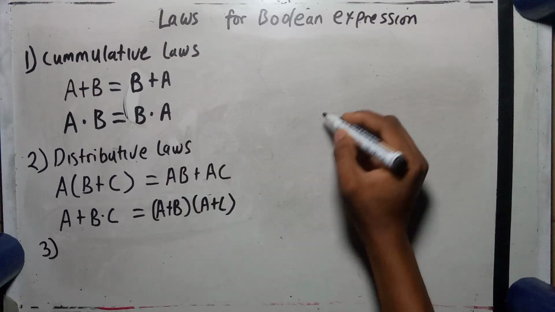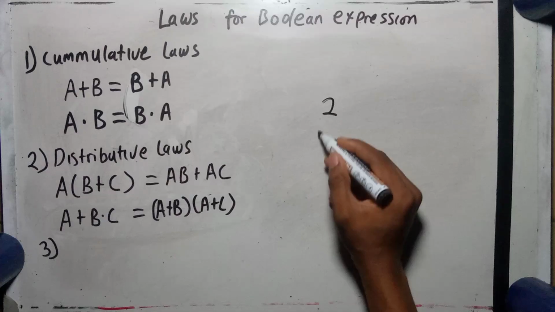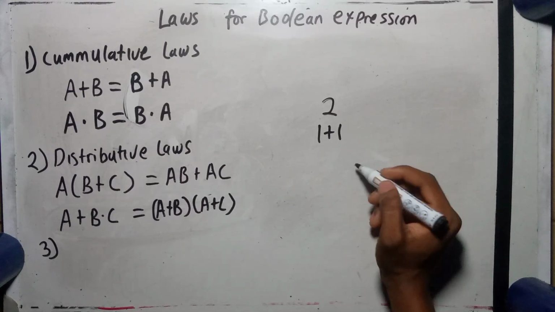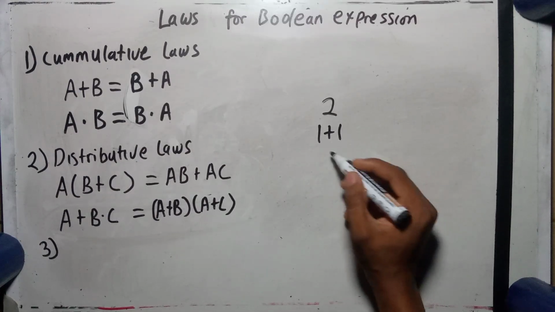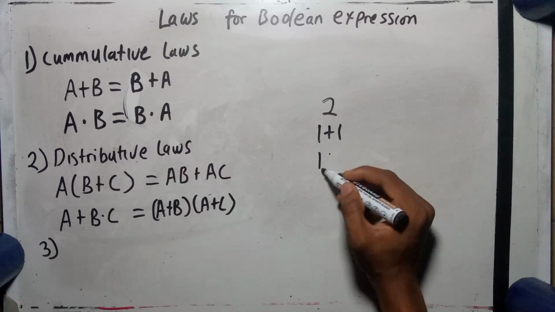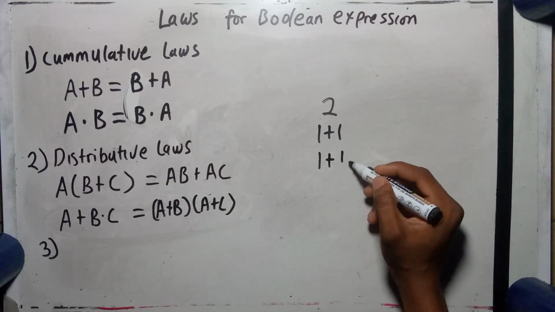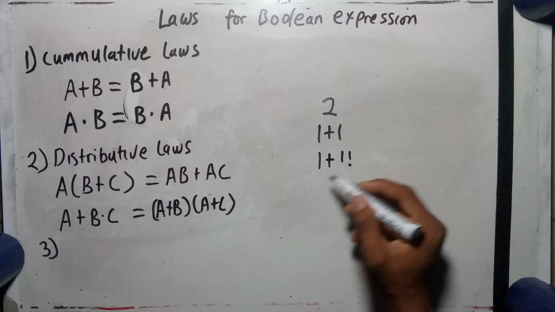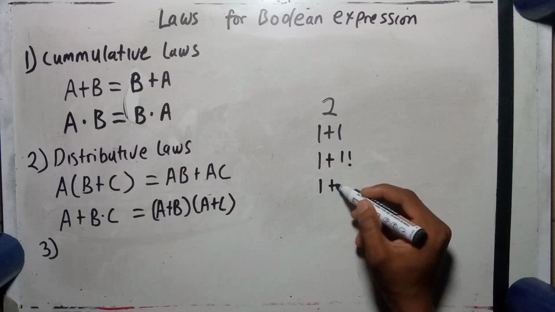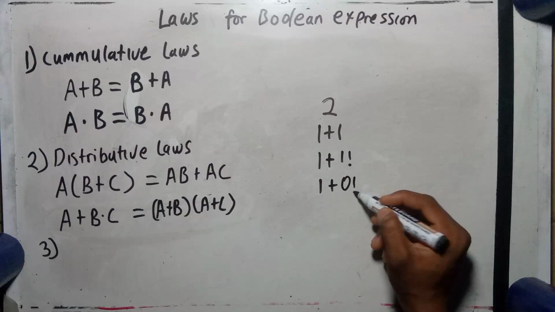It's more like someone giving you 2, and you start saying 1 plus 1. Then you can also say 1 plus 1 factorial, something like that, or 1 plus 0 factorial.